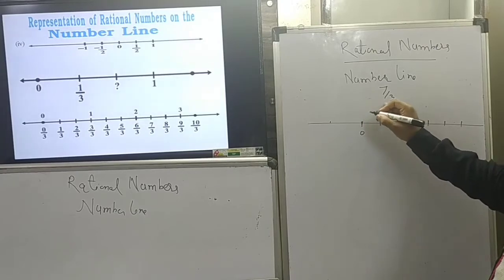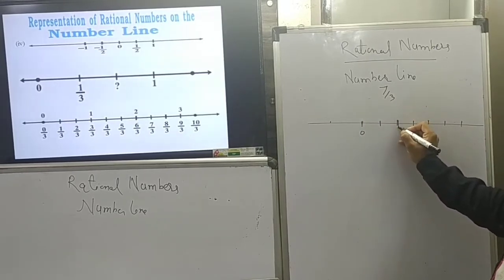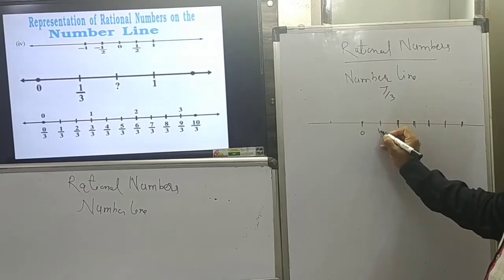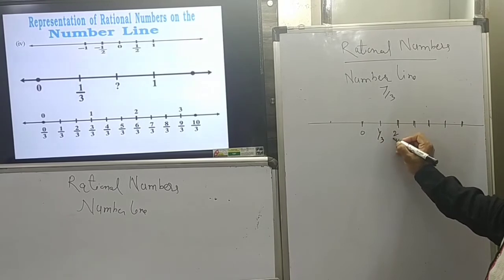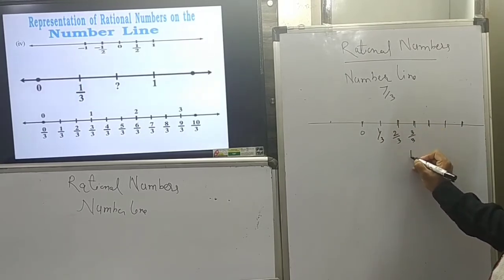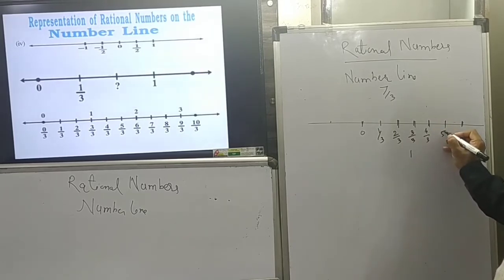minus 3. So how to represent 7 by 3? First of all, we make equal parts on the number line. This first part represents 1 by 3, second represents 2 by 3, third represents 3 by 3. 3 by 3 means it is 1. It represents 4 by 3, it represents 5 by 3, it represents 6 by 3. 6 by 3 means 2.